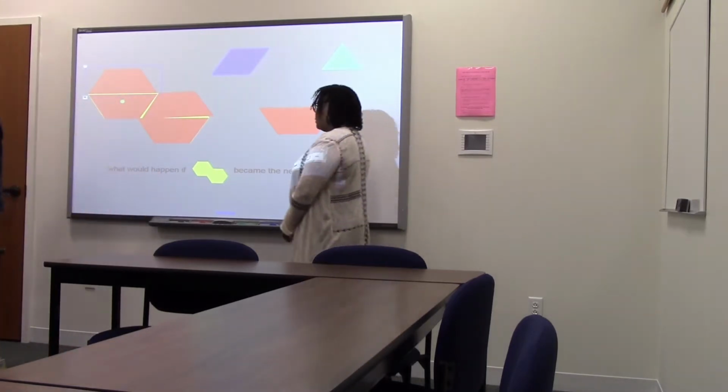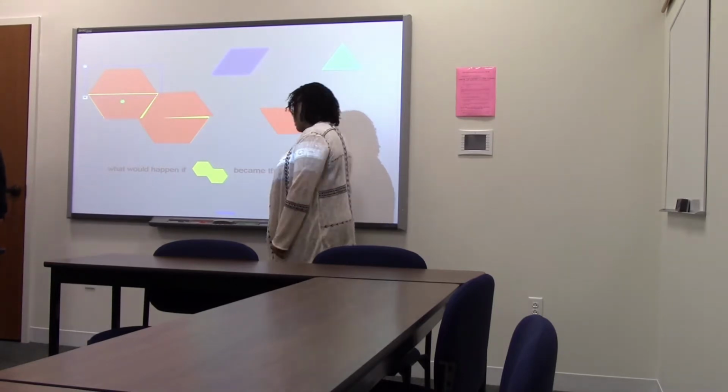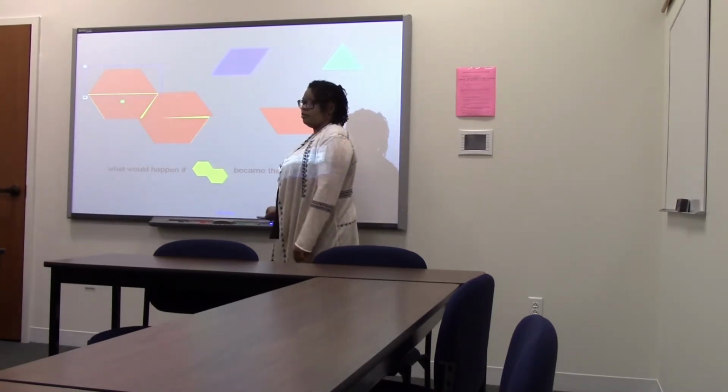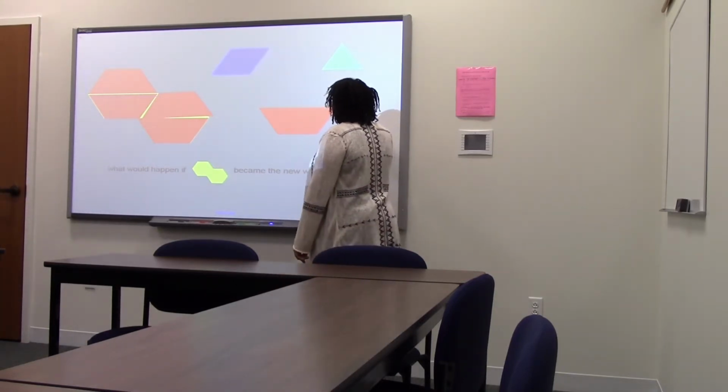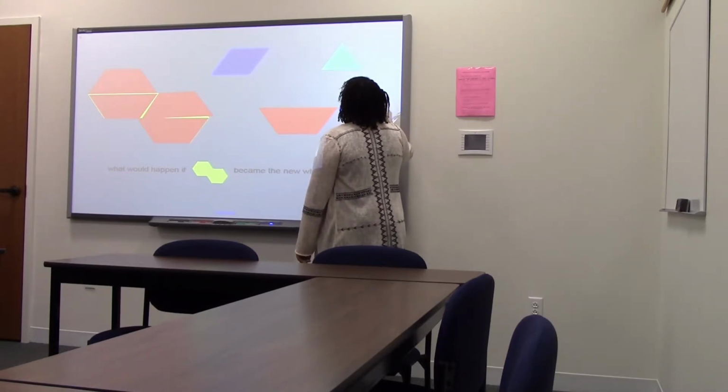Great. So how many trapezoids do we see in the new whole? 4. So that means that the new fraction for the trapezoid will be 1/4.